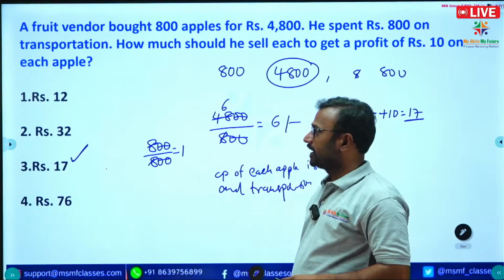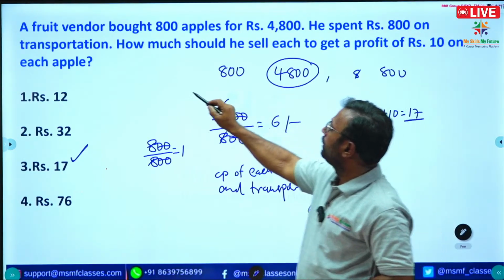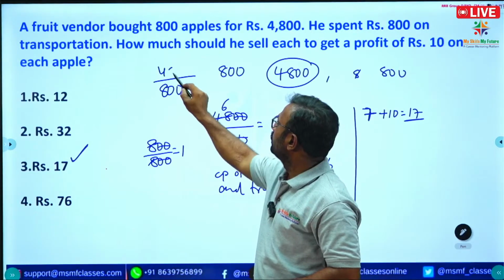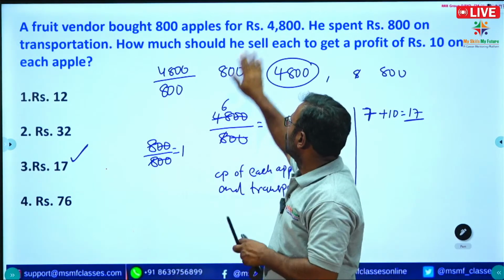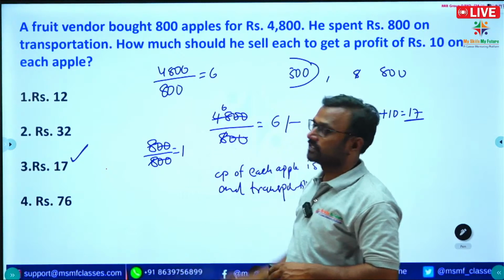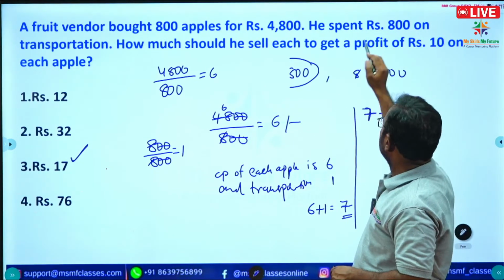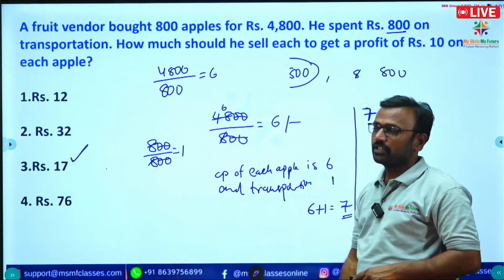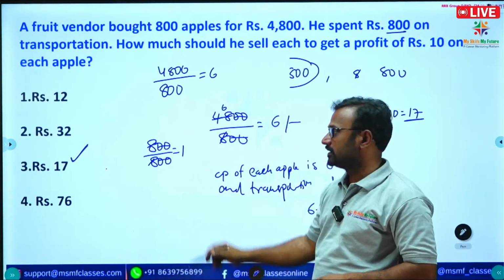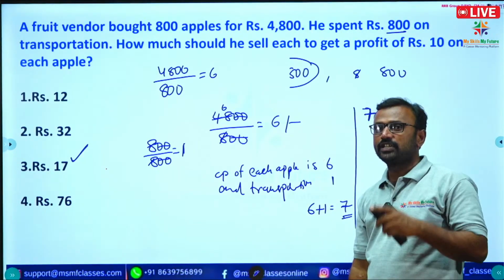Okay, once again, see here. A fruit vendor bought 800 apples for 4,800. So after doing this, we get the apple cost as 6 rupees, and 800 spent on transportation means 800 rupees by 800 apples is equal to 1 rupee for transportation for each apple.